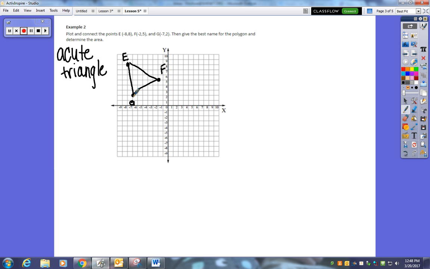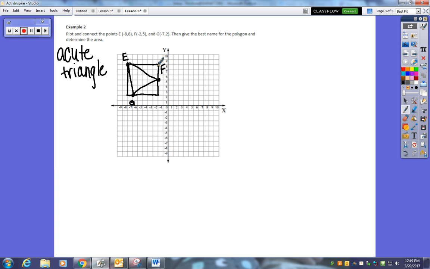So since this is happening, what I have to do is that method that we learned in lesson 3, where we draw a rectangle around the outside of the figure, find the area of the rectangle and subtract out any empty spaces. So what I'm going to do here is I am going to draw a rectangle around the figure. Now notice my rectangle is going through all of the points of the triangle and creating that figure around it.